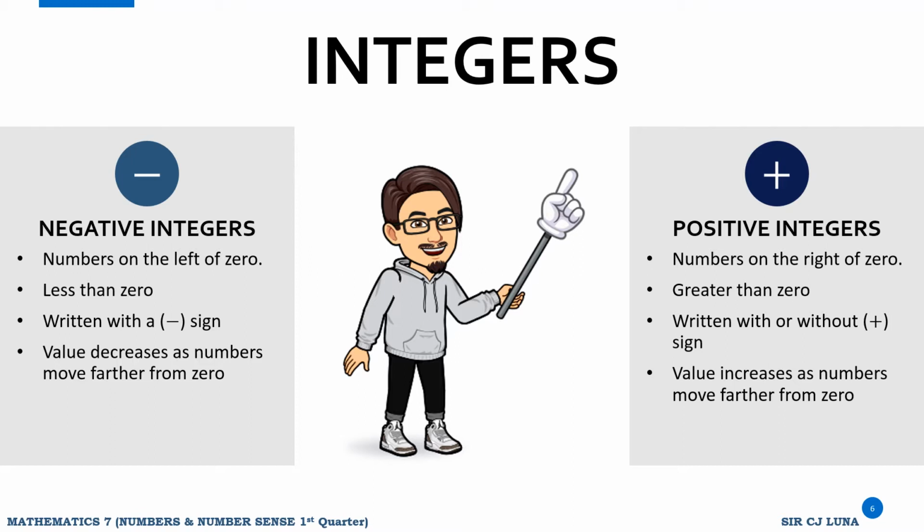Okay? So those are the negative and positive integers. How about 0? Diba? Sa gitna ng number line ay yung 0. Ano naman ang meron sa 0? It is neither negative nor positive. And it has no sign. Okay? Are we clear with this? Okay, let's move on now.